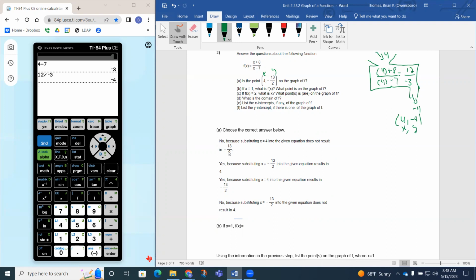So the answer should be a no. So the first one says no because substituting x equals 4 in the equation does not result in this. So that looks pretty good. I like this one. The other no is saying substitute -13/2 in. We're substituting the 4 in. So this one says you're substituting this -13/2 in. That's not correct. So our best choice is this answer here.